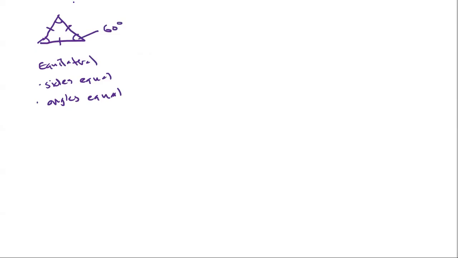Another type of triangle you have is an isosceles triangle. I believe this is how you spell it. An isosceles triangle means two of the sides are the same. Two sides are equal.